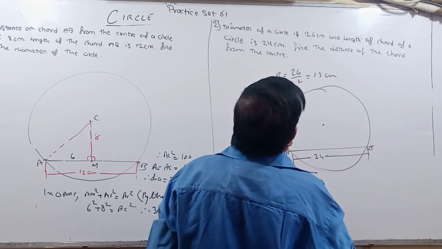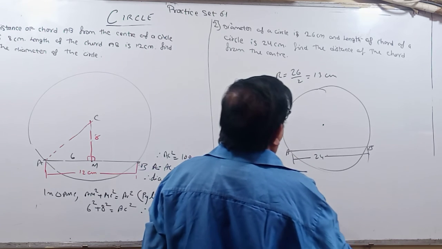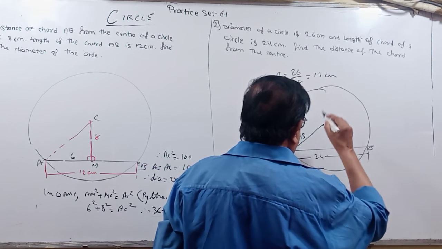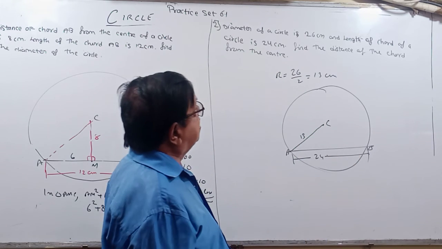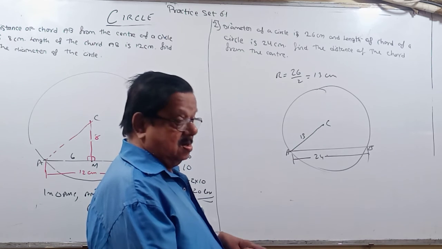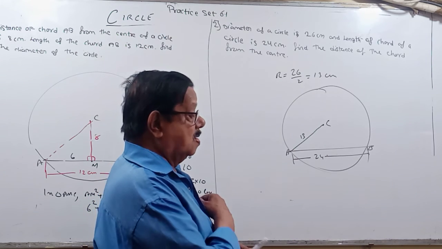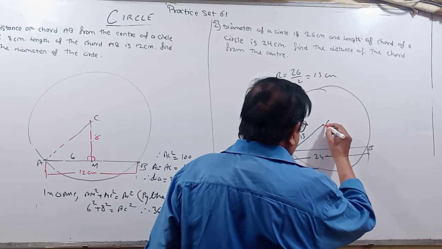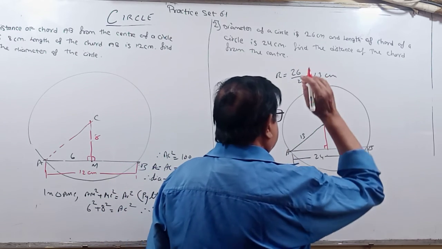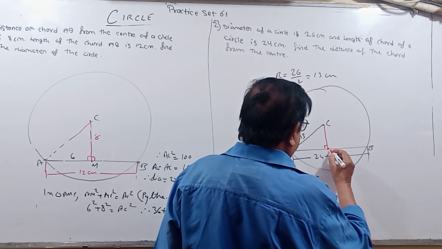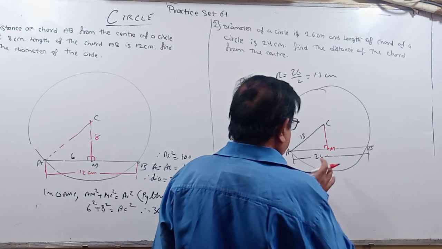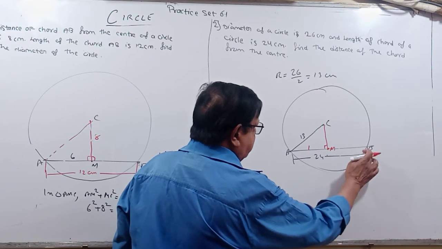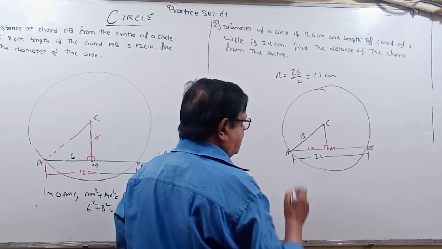Diameter is equal to 26. Therefore, radius is 13. This is C, center of the circle. We want to get the distance of the chord. Distance of the chord is always perpendicular distance. So we will draw the perpendicular distance. We name the foot M. So AB equals 24, which means AM is 12.